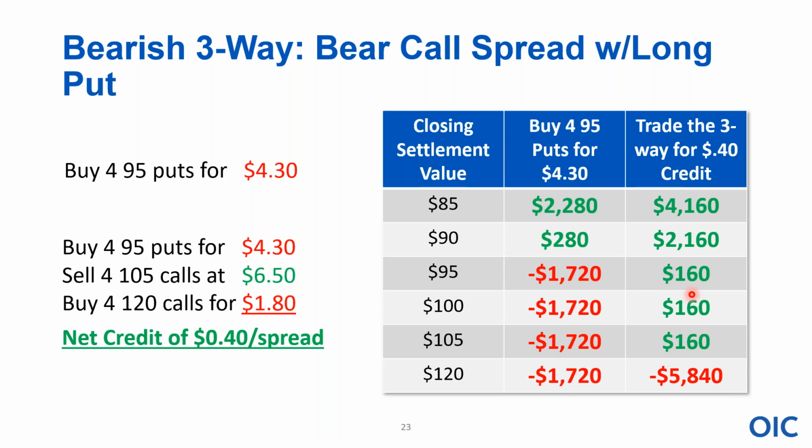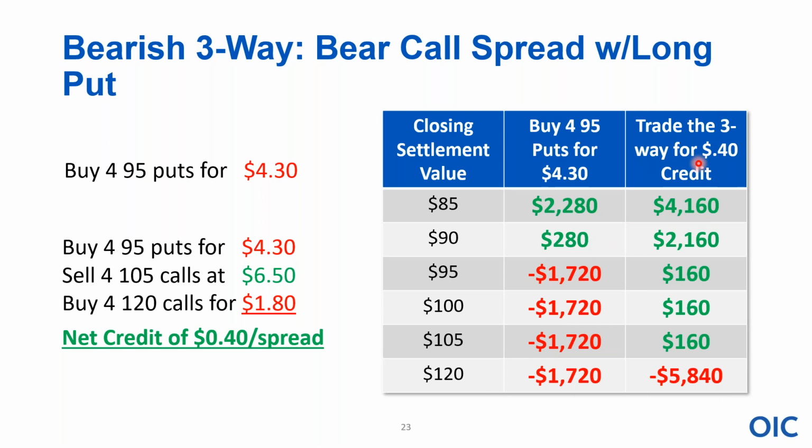On the three-way, our risk is not nearly as contained as buying puts, but we've eliminated theta. And on the downside, if we're correct with our bearish outlook, we make money at the same rate as the long put because we own the same put, but the overall profit is enhanced because we've added to it a short call spread up top.